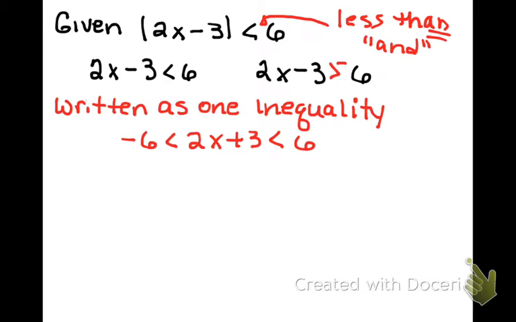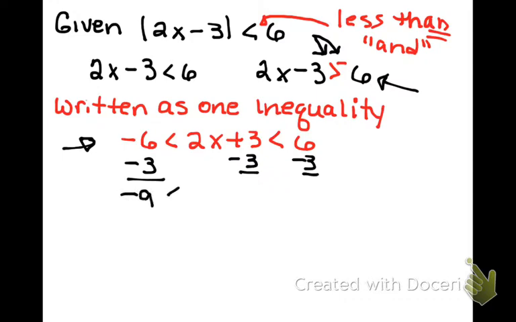Okay, so I wrote my two inequalities, and I remembered that when I included a negative 6 that I had to reverse the symbol, and then I wrote it as one big compound inequality. So the negative 6, that's the smallest value, goes on the left just like it would on a number line, and of course the positive 6 is over here on the right. And then we start by subtracting 3 from all parts.